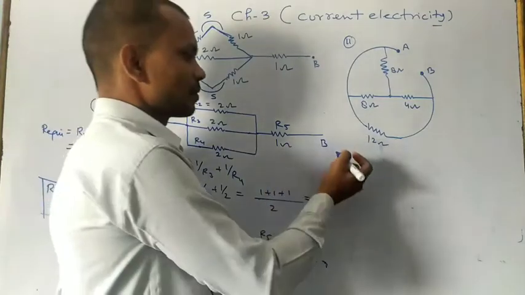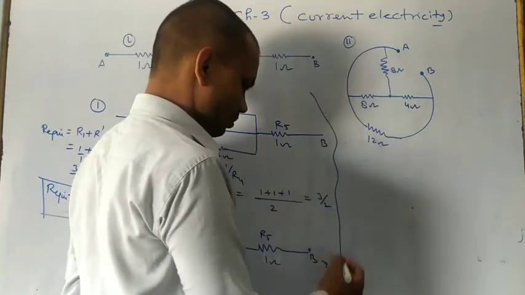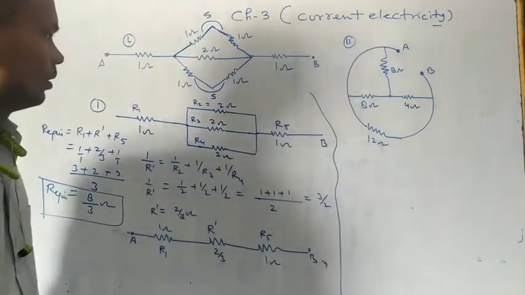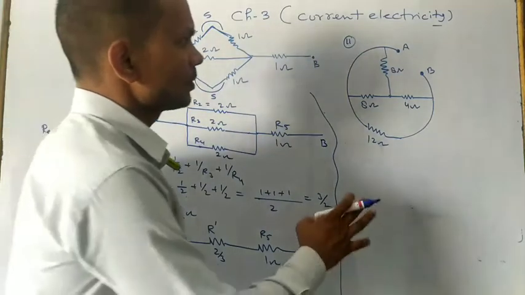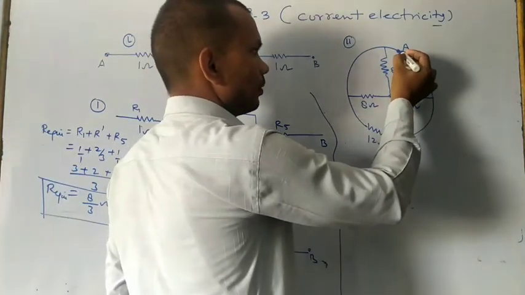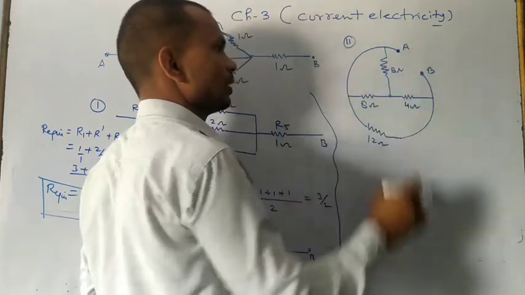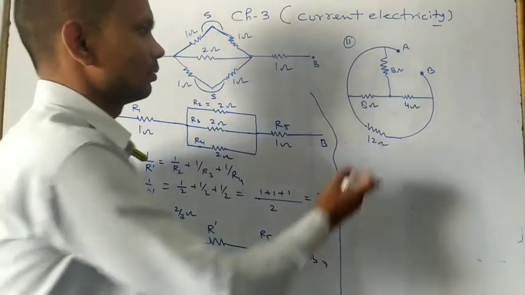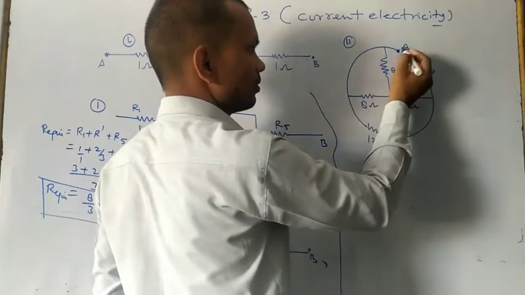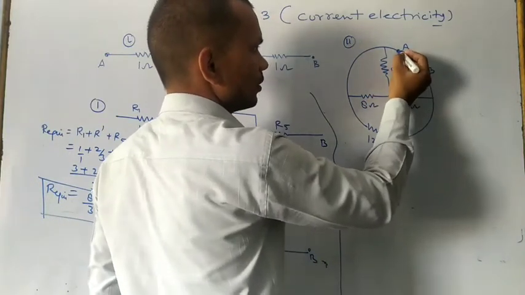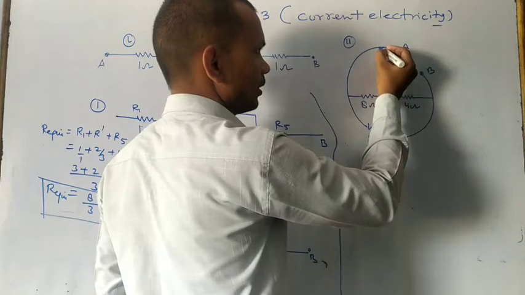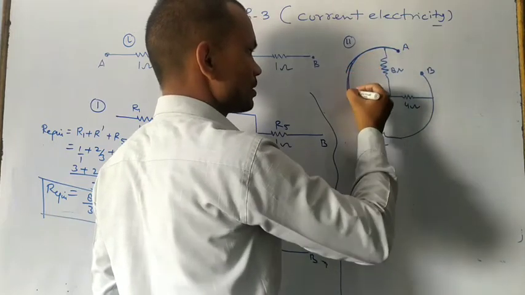Now you have to see the second one. This is the first one, and that is over. Now for this one, if we want to find the equivalent resistance of this network, moving from this point, you can see there is one path and another path, so two paths are there.